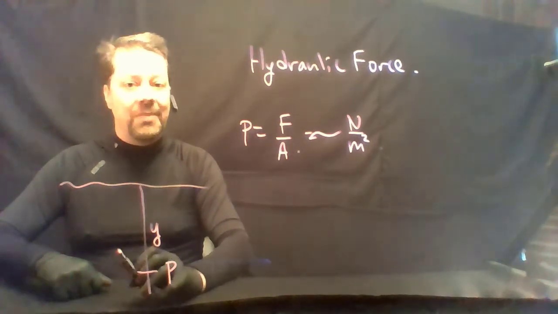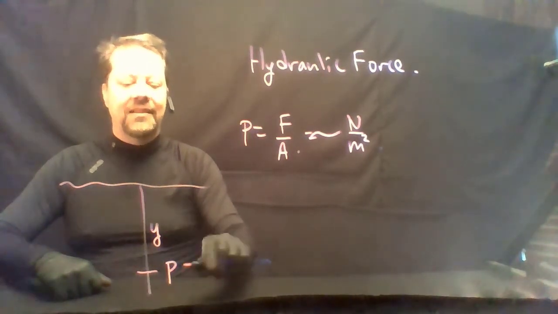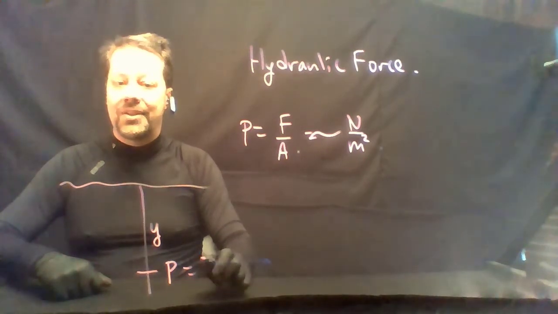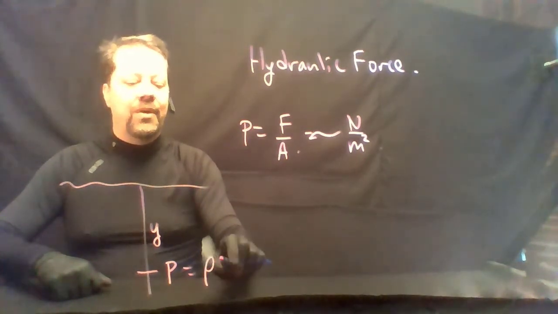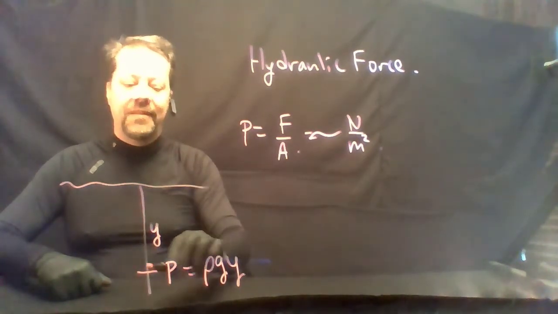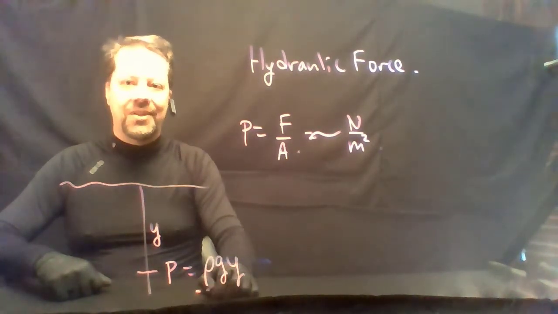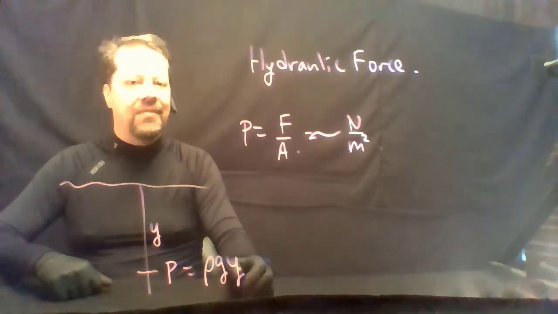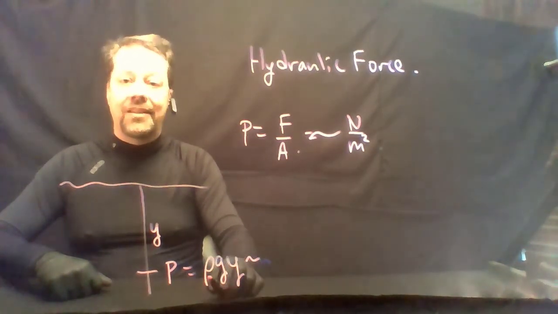It also depends upon the density of the fluid and, of course, the acceleration due to gravity. So it's going to be rho g y. Rho, the density, g, acceleration due to gravity, and y, the depth. Let's calculate the units.